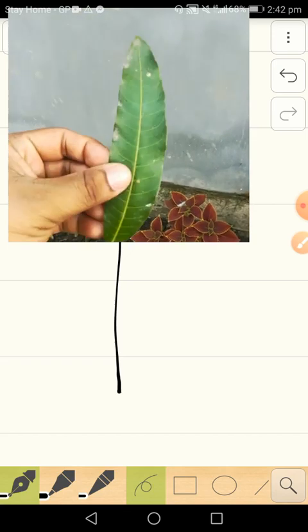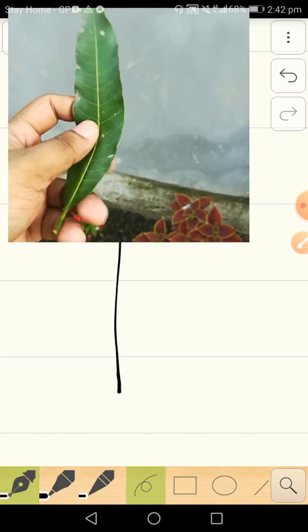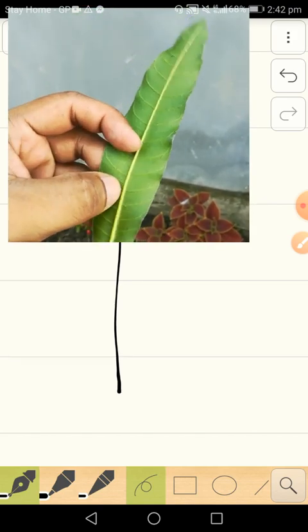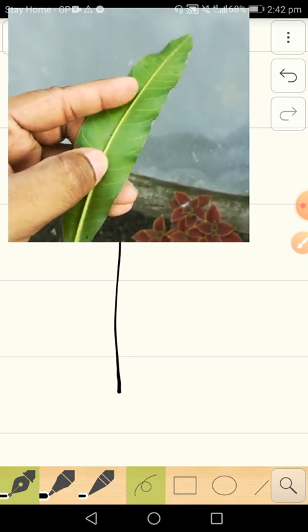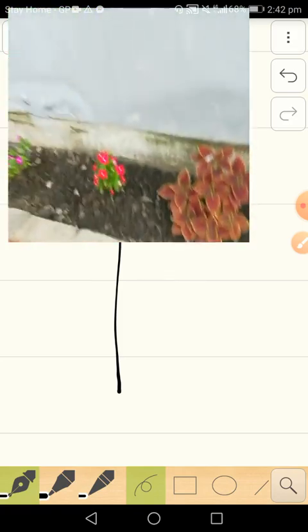This part is what we call the leaf blade. This long thin part over here is known as the midrib.